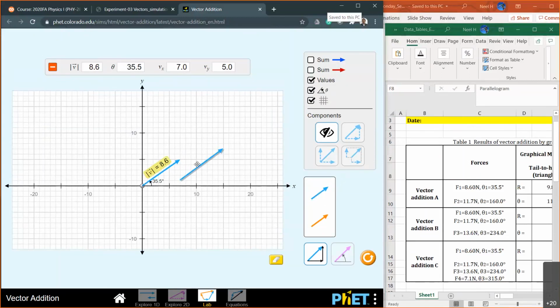And then you bring the second vector. Now the second vector has to again start from the origin. And then you have to change the arrow head until you see 160, and then magnitude is 11.7.